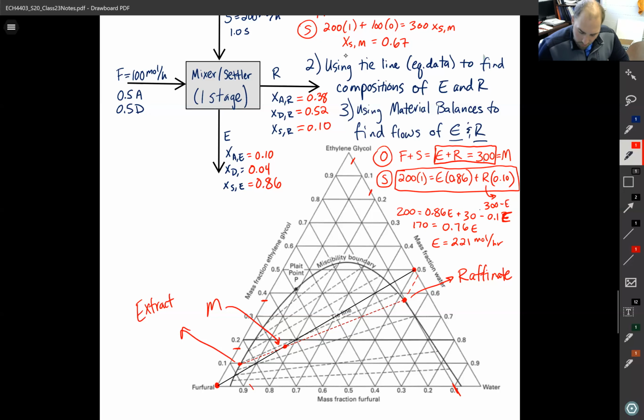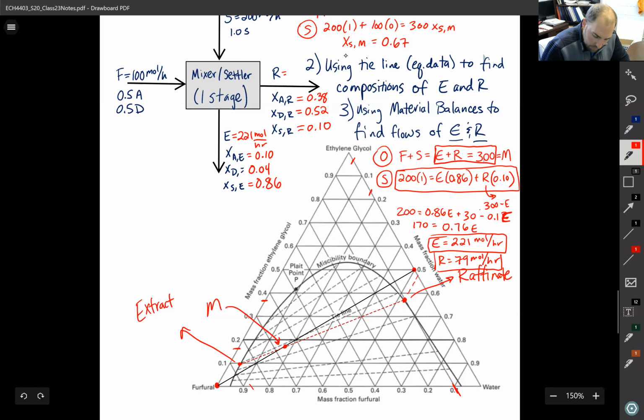Yeah, okay, so that gives me my extract. My raffinate is then 300 minus that, so 79 moles per hour. And that is the last thing I have to solve for. So I have now called this problem complete once I fill it in.